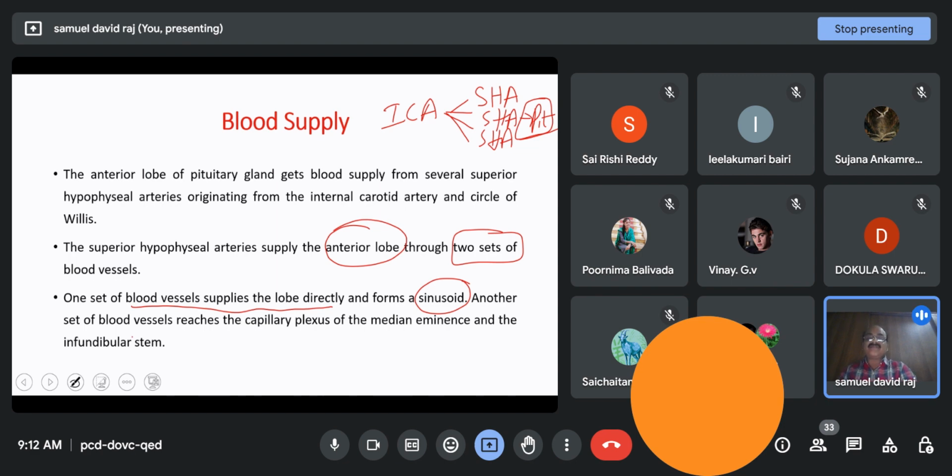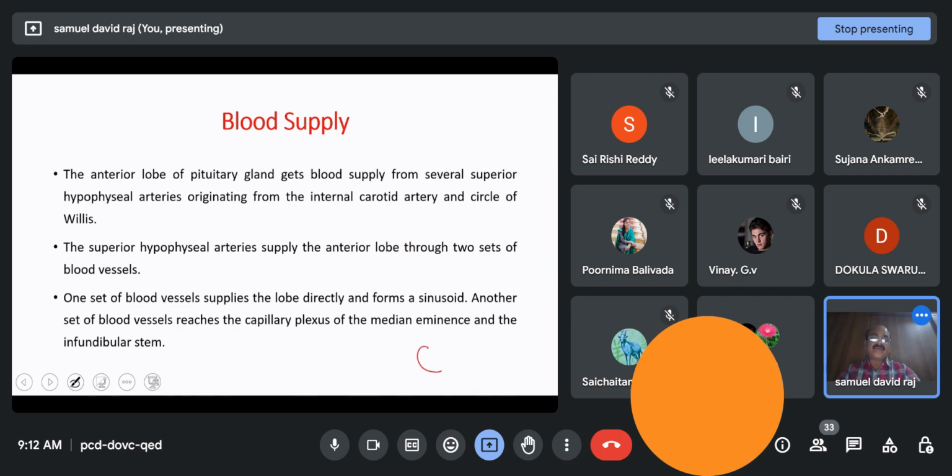Another set of blood vessels reaches the capillary plexus of the median eminence and the infundibular stem. Thus, this is the posterior lobe, this is the anterior lobe, this is the infundibular stalk, and this is the median eminence, and this is the hypothalamus.